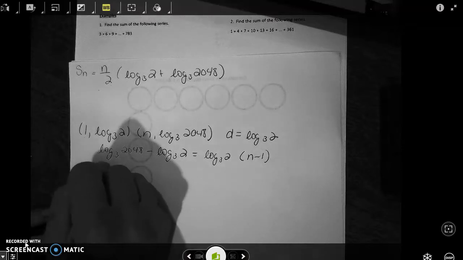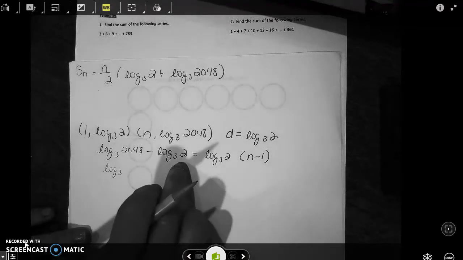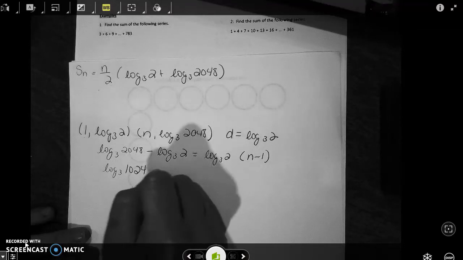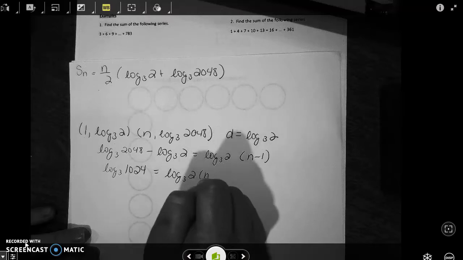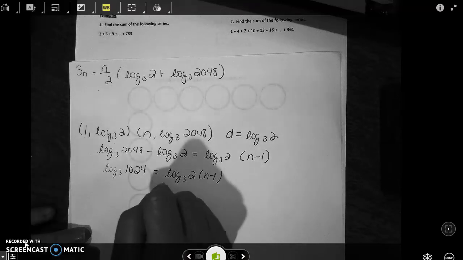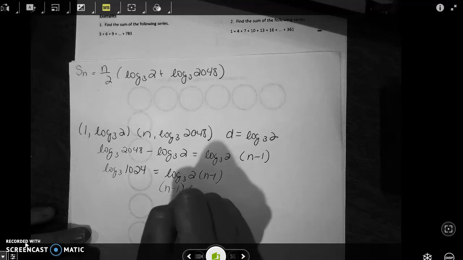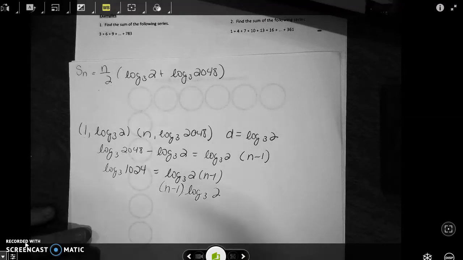We can rewrite that as division, so we'll have log base 3 of 2048 divided by 2, which is 1024, would equal log base 3 of 2 times n minus 1. Since it's multiplication, I'm going to write it as n minus 1 times log base 3 of 2, because I have a property here I can use.